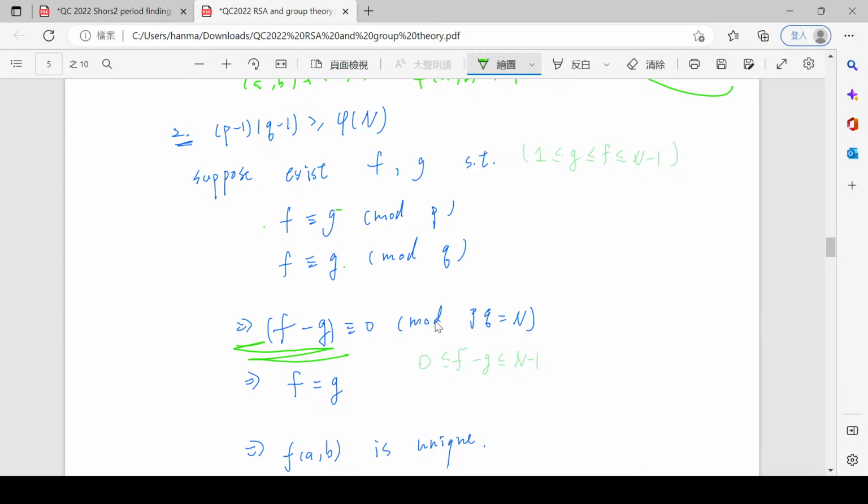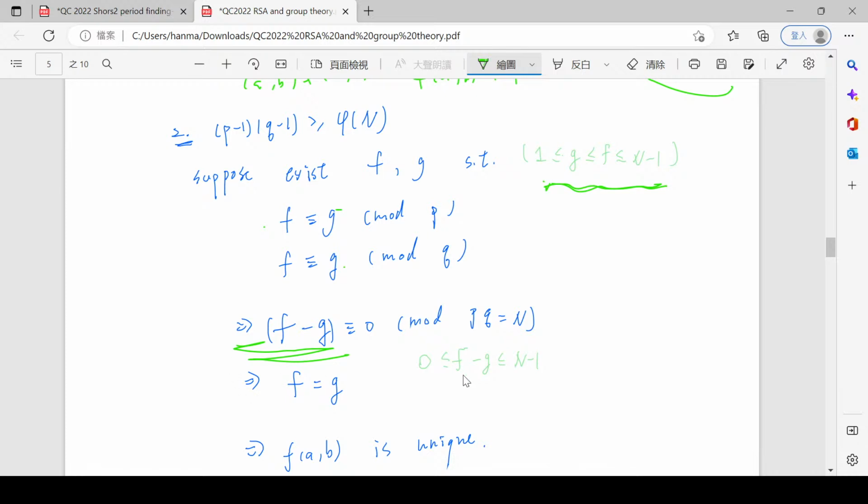But from our characterization here, f minus g is something from 0 to n minus 1. And mod pq, mod n equal to 0, then it's a multiple of n, but it's in this range, so the only possibility is f minus g equal to 0.